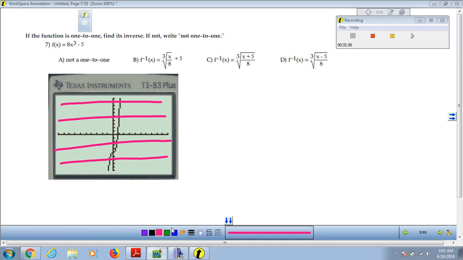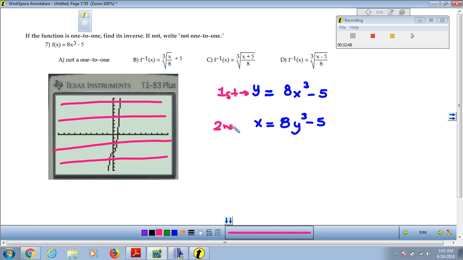So now, how to find the inverse? Remember that there were several steps. The first step was to replace f of x by a y.